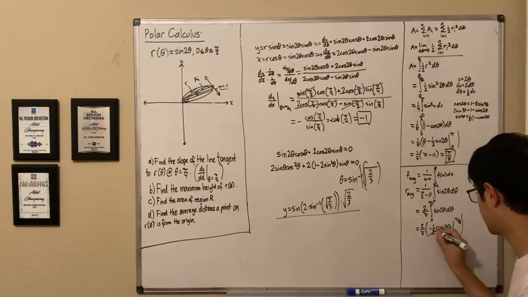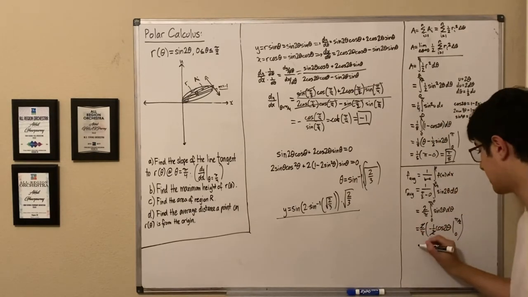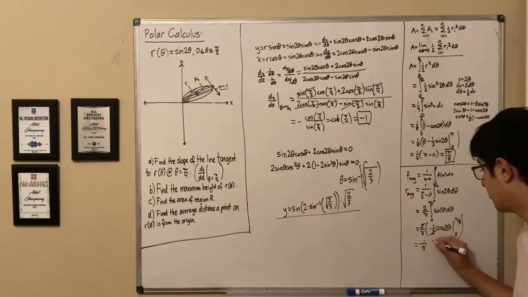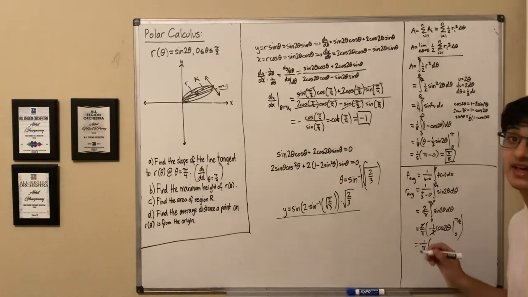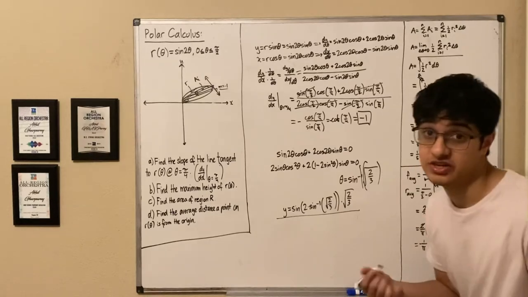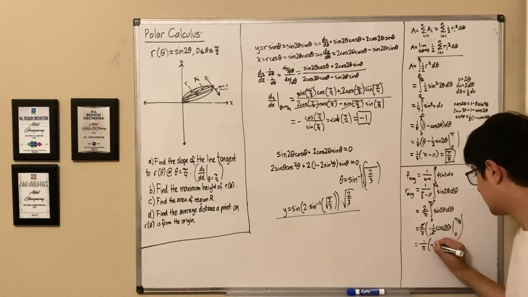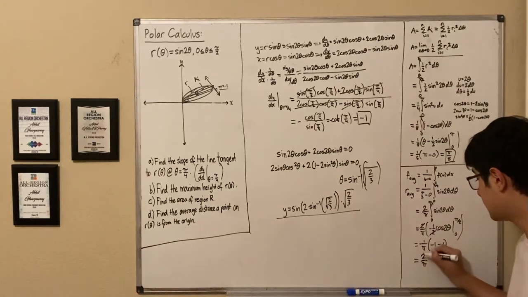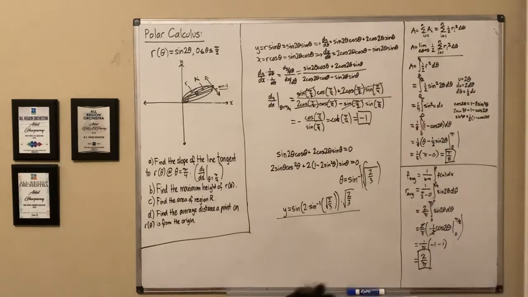So these 2's right here are going to cancel, and we can bring the 1 out front. This is negative 1 over pi. Cosine pi is negative 1, and cosine 0 is 1. This is going to be negative 1 minus 1, and so the average distance is 2 over pi.